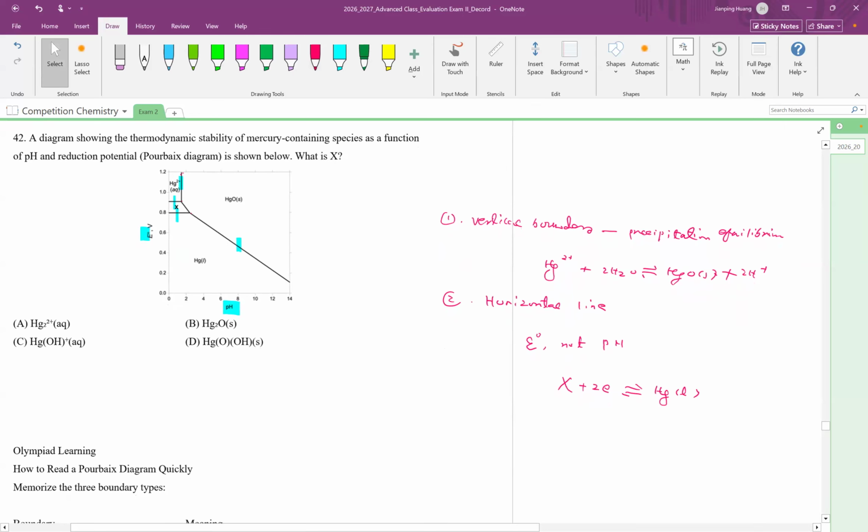Okay, now look at here. The third one, look at the sloped line. Look at this one.